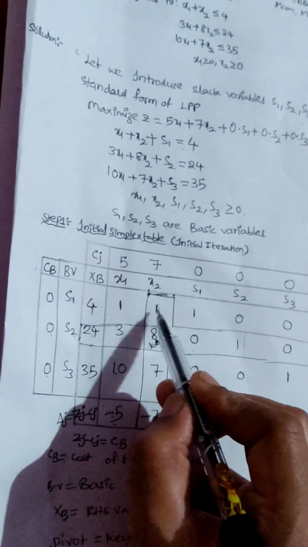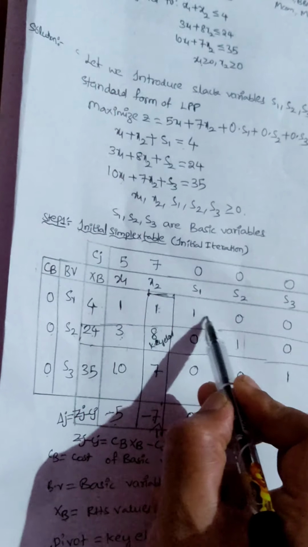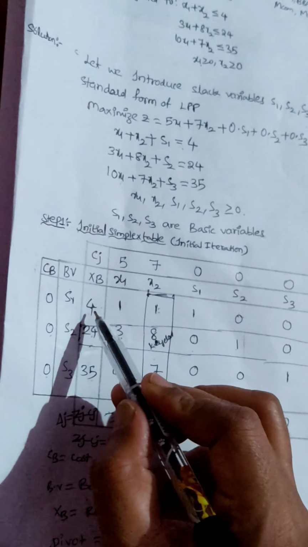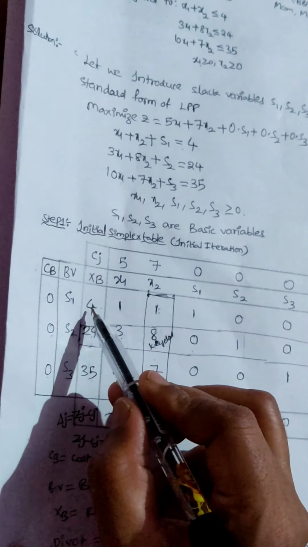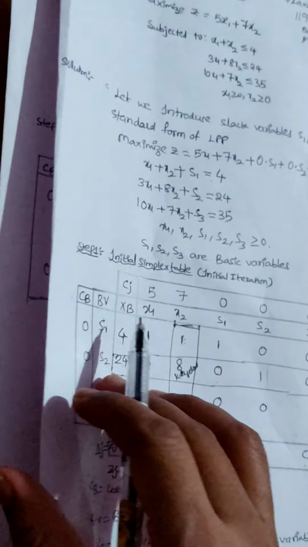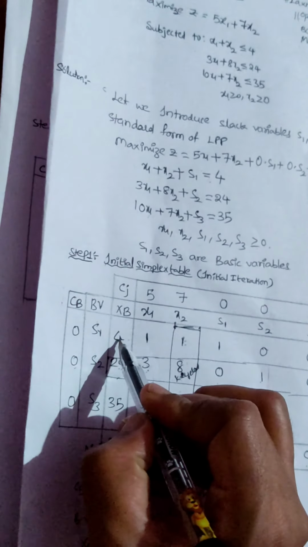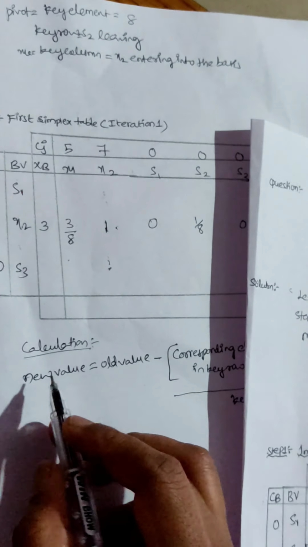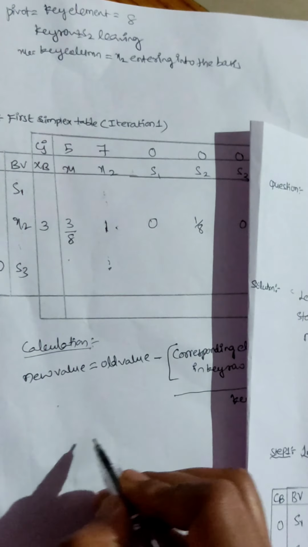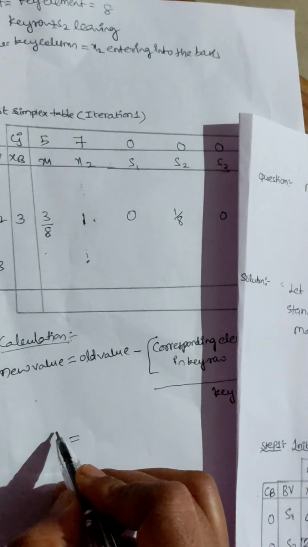These are all values we are assuming as old values. Now we have to replace these old values by new values by applying this formula. Let me take this 4 as an old value. So the new value we will take as a question mark.